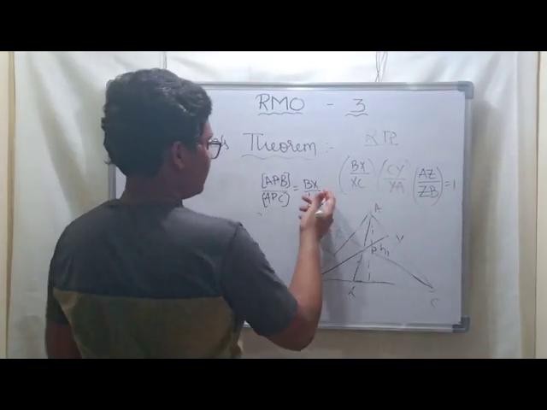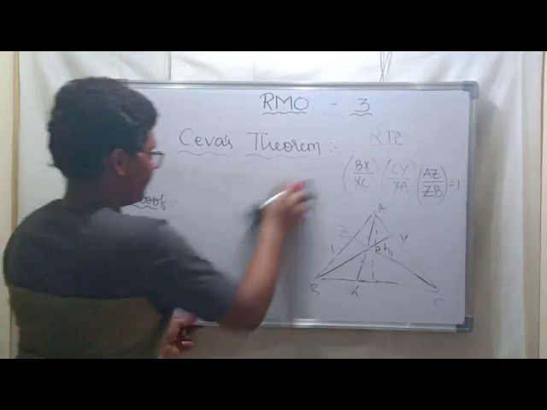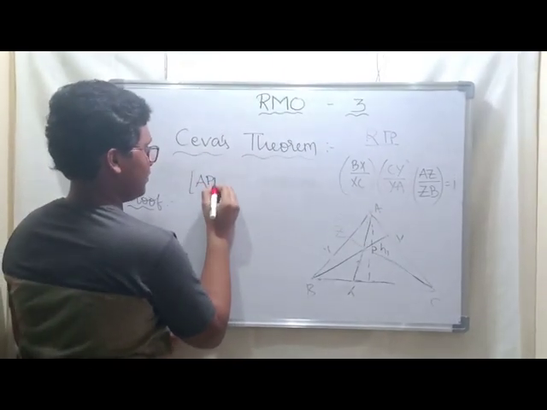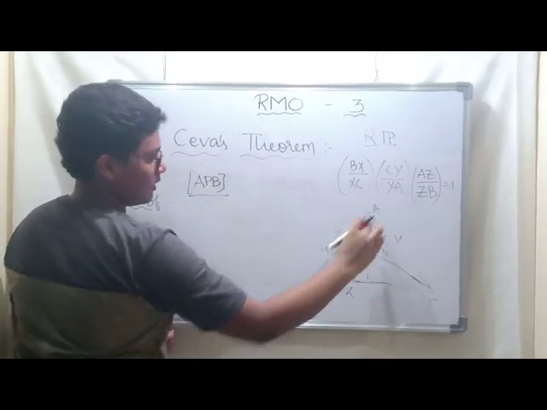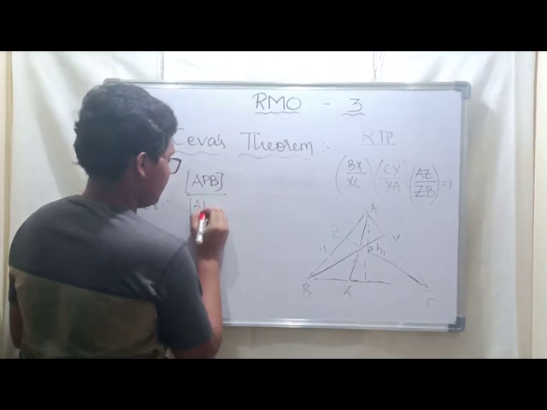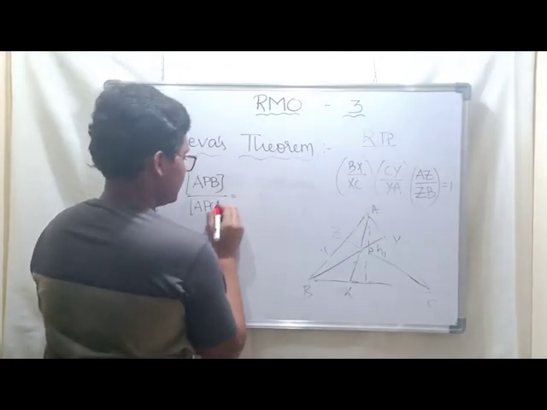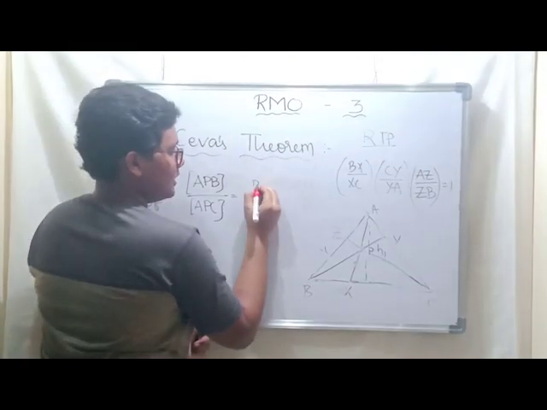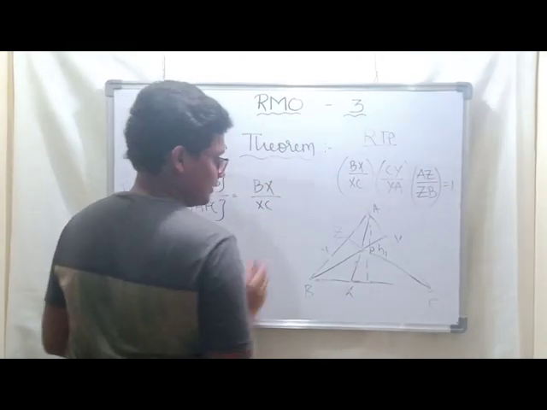We got this one, okay? Area of APB by area of APC is equal to BX by XC.